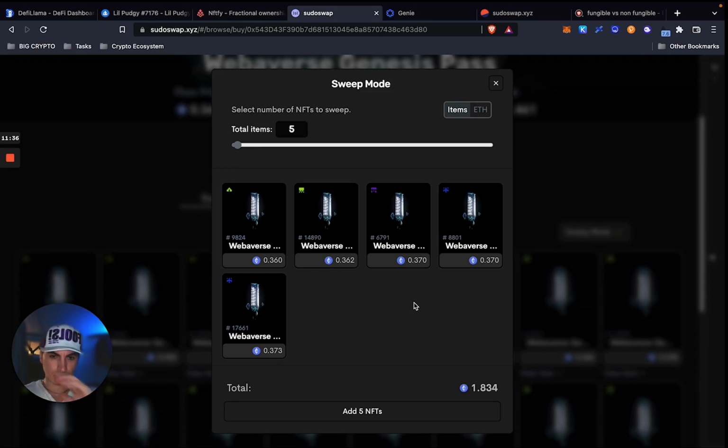And it's interesting because you can also see how the price goes up each time you buy one, because when you're sweeping the floor, you're ultimately raising the floor price for these NFTs. So here it essentially has a batch buy order for it.